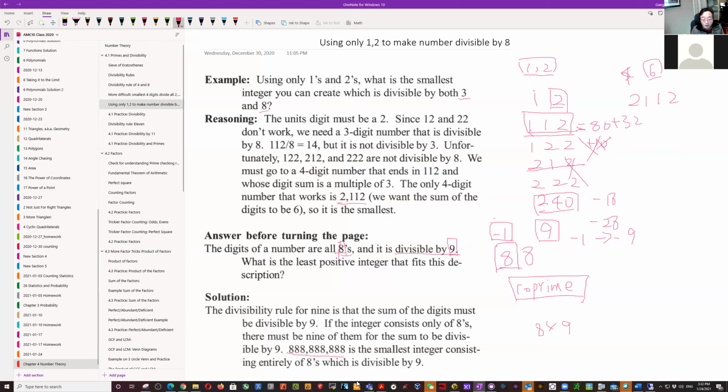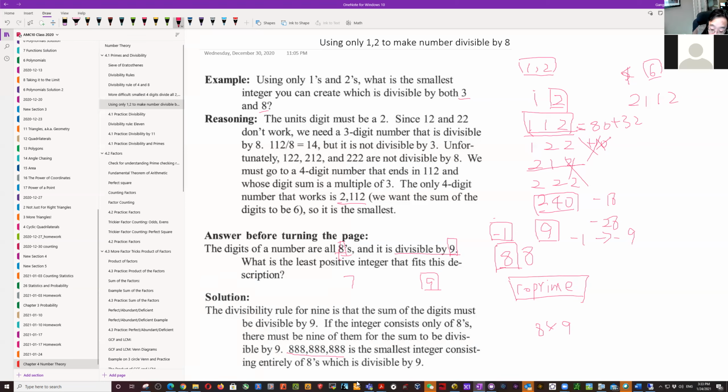For example, if all the digits are 7, then it's still going to take 9 of them because those numbers are coprime.